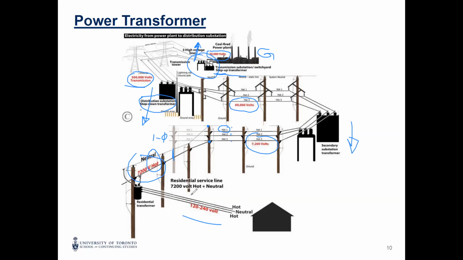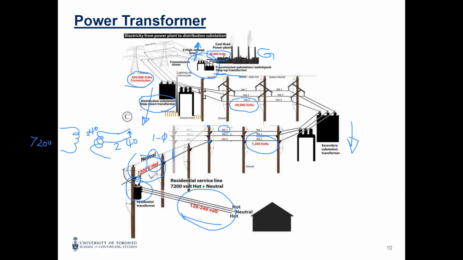And then we split this single phase, reduce it to 240. Between the hot and hot, we have another neutral here. So this transformer actually is something like this, and this one is 240. Okay. If you take between the middle here and this, then it will be 120, right?